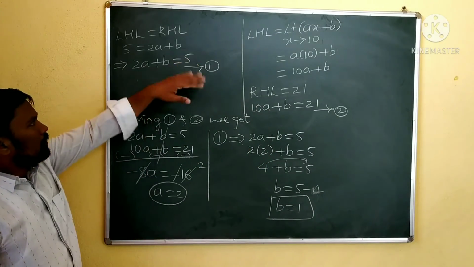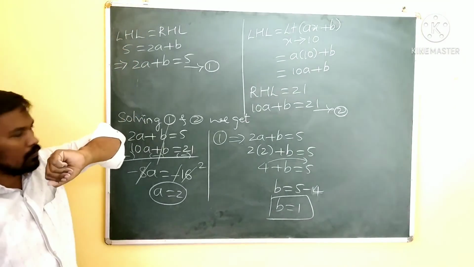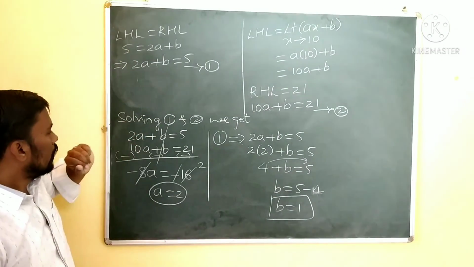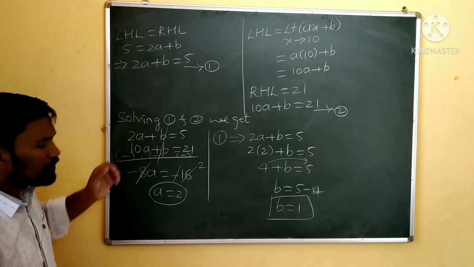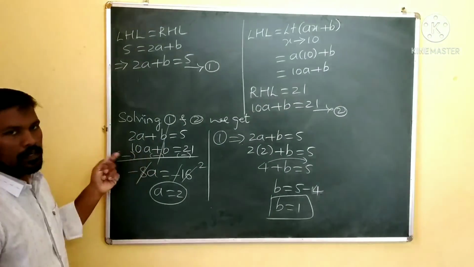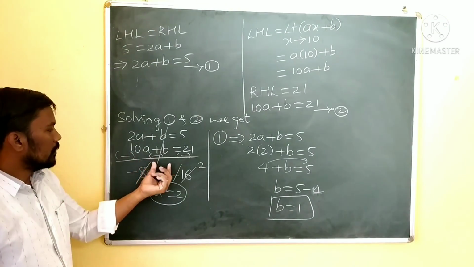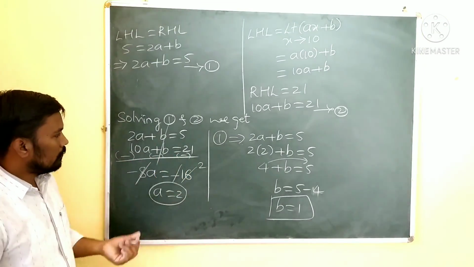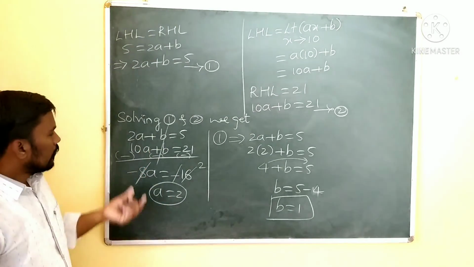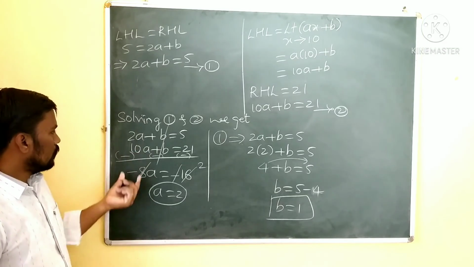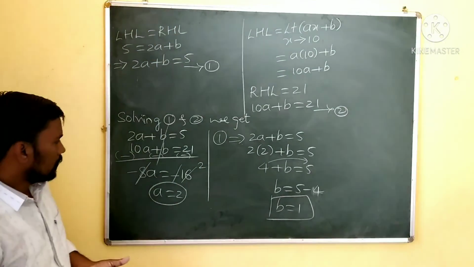So these two are linear equations having two variables. Use the elimination method to solve them. Solving 1 and 2, we get 2a plus b is equal to 5, 10a plus b is equal to 21. Take the difference of these two equations. Plus b and minus b cancel, and plus 2a minus 10a is minus 8a, equal to minus 21 plus 5, minus 16.